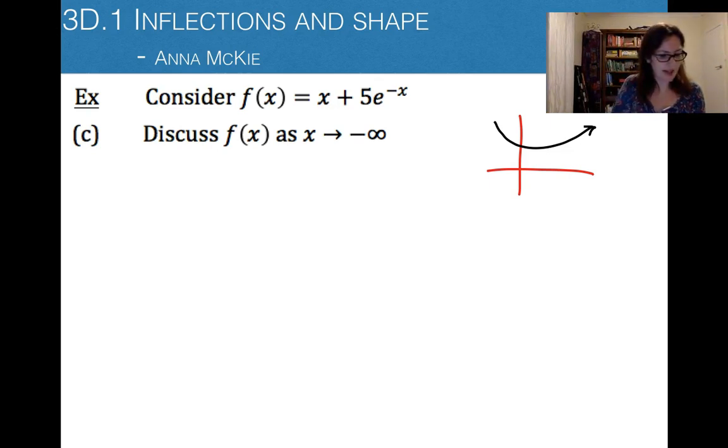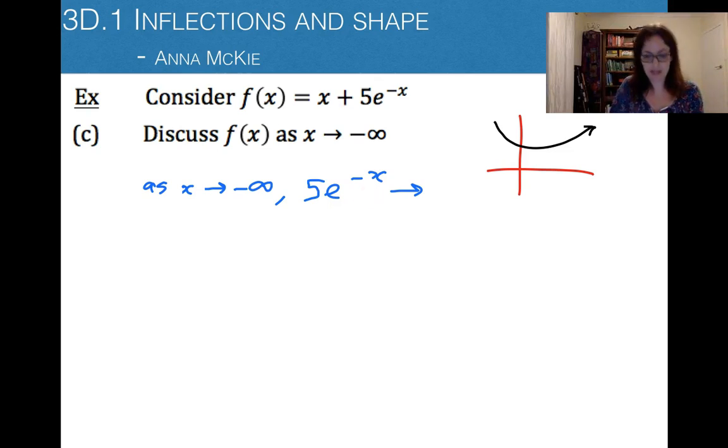So the way to set this out: as x heads towards negative infinity, you look at the component with that exponential, and ask what that part heads towards. We've got the double negative happening there, so that portion is heading towards positive infinity.